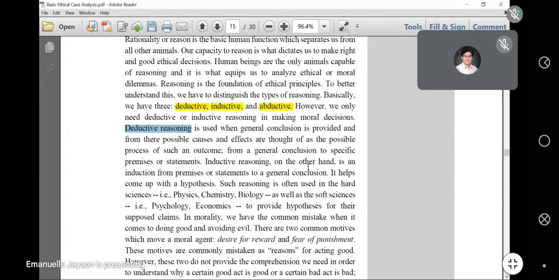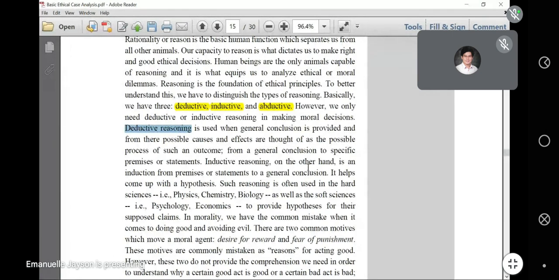So, unang tatanungin mo yan, why? Siyempre, una, why? Why? What action did it took place? What action did she do? What action did she choose to act on? Stealing? What's the reason behind such an action?